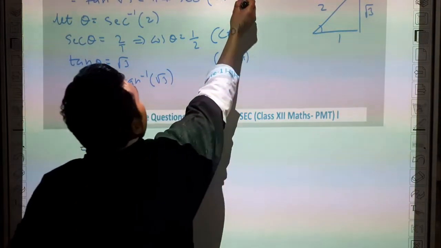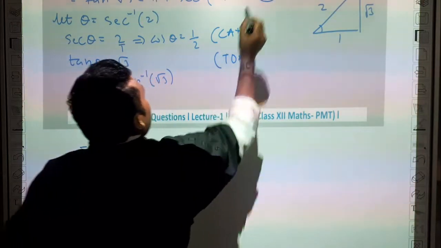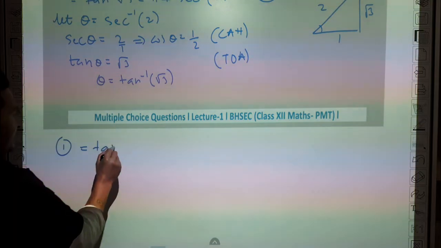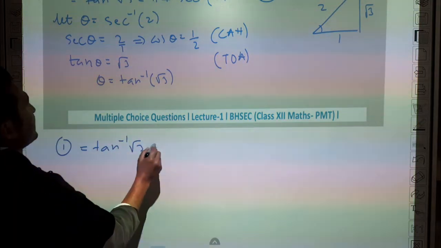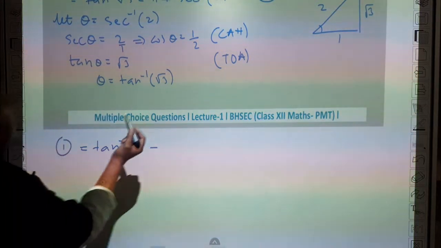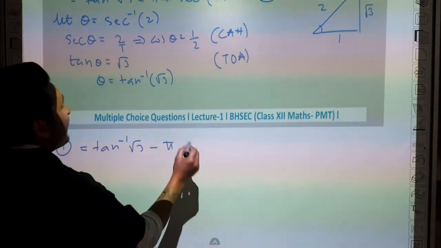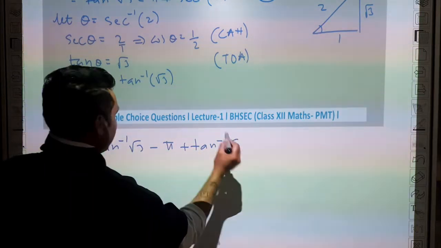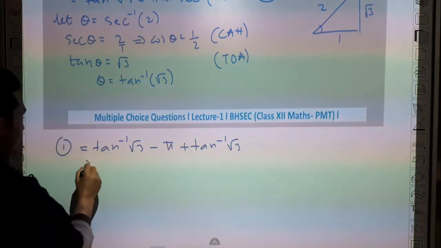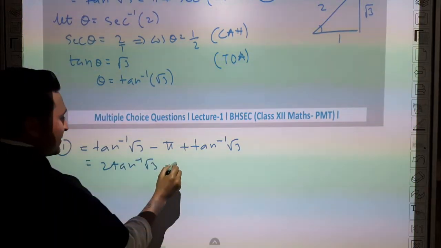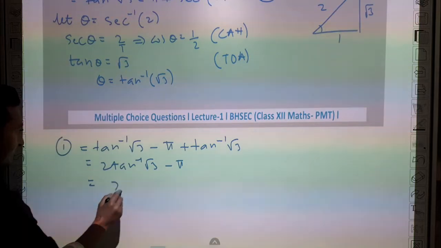So 1 is equal to tan inverse root 3 minus pi plus tan inverse root 3. So tan inverse root 3 plus tan inverse root 3 is 2 tan inverse root 3, minus pi is there.